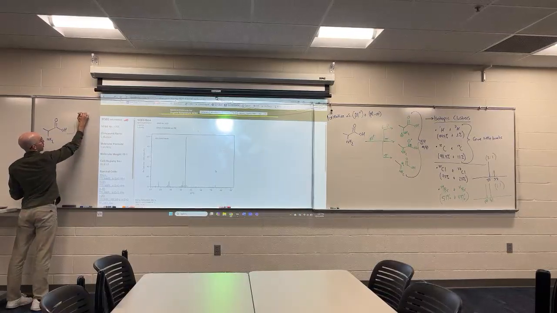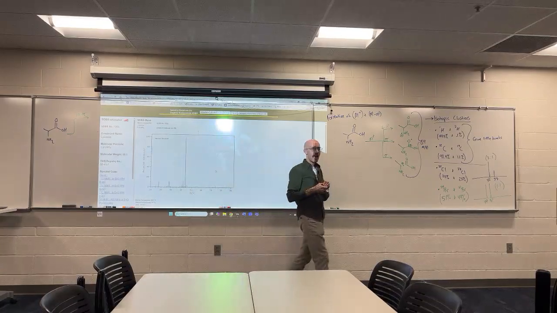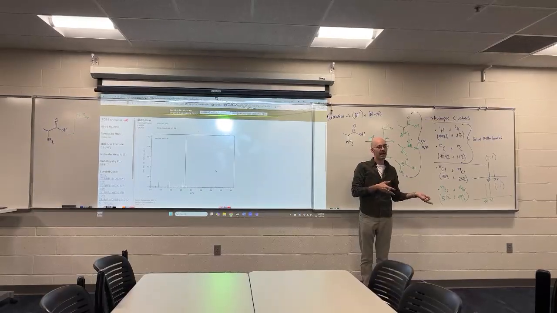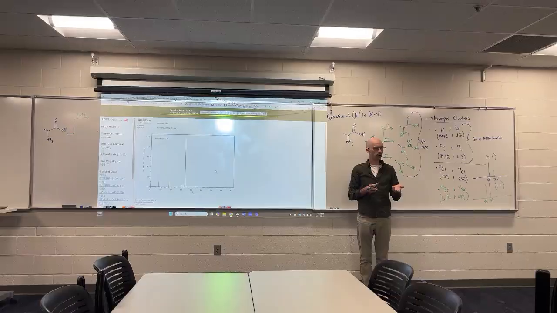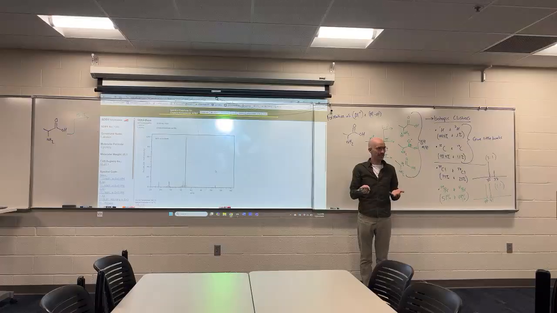Here's a common daughter ion that I want you guys to be familiar with. M minus 15. The molecule less the mass of 15. Use your correlation table. And remember, this is the correlation table I won't give you on the exam because I really feel like it's the least useful and it takes up space. What fragment has a mass of 15?